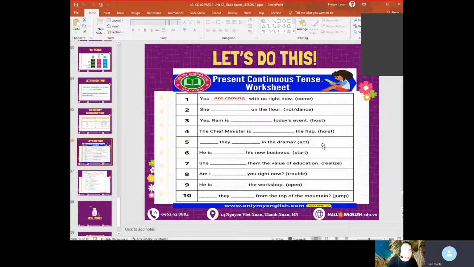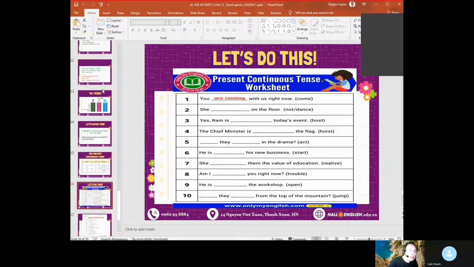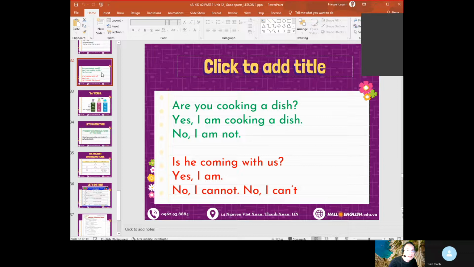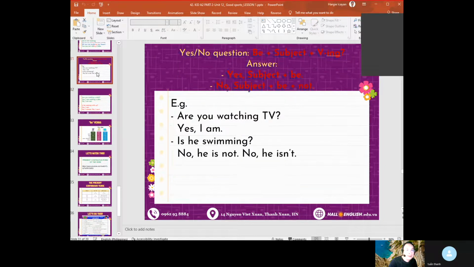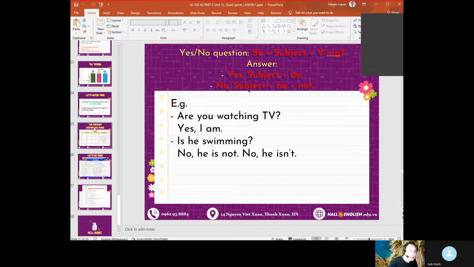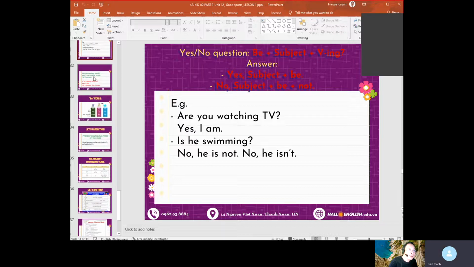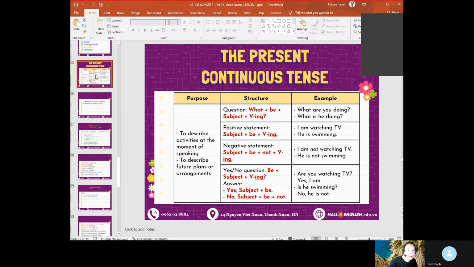Now, if we are asking a question, what happened to that? So we can also say, let's say for example, in here, our rule would apply with that.